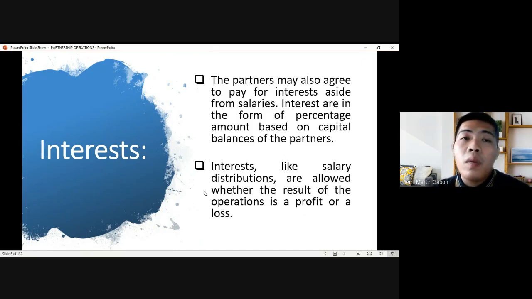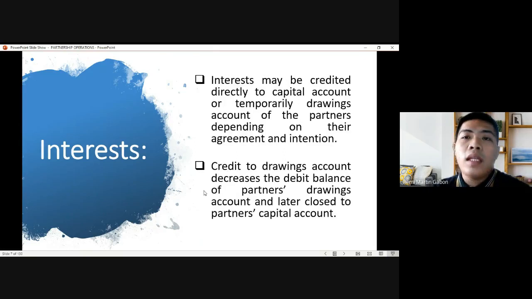Interest, similar with salaries, whether the result of the operation of the partnership is a loss or a profit, if they agree to distribute interest, then they can distribute interest. Okay? Interest may be credited directly to the capital account or temporarily to the drawings account, similar with salaries.